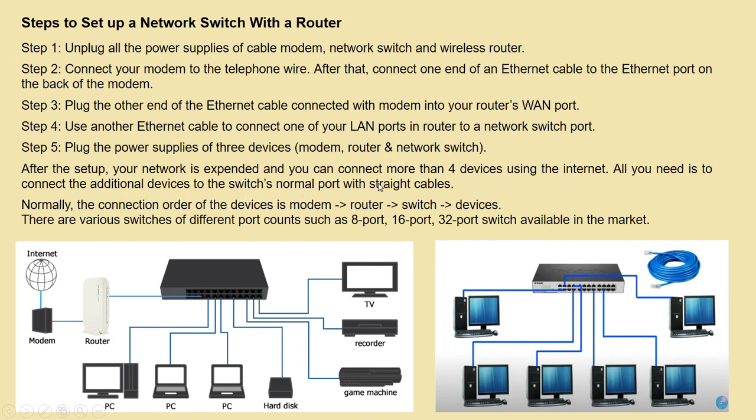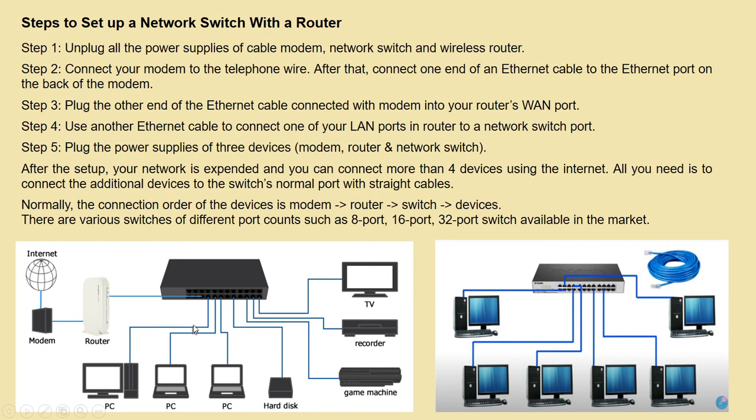On a previous topic we already discussed straight cable and crossover cable also. Normally the connection order of the devices is modem to router, router to switch, switch to device, and there are various switches of different port counts such as 8, 16 and 32.